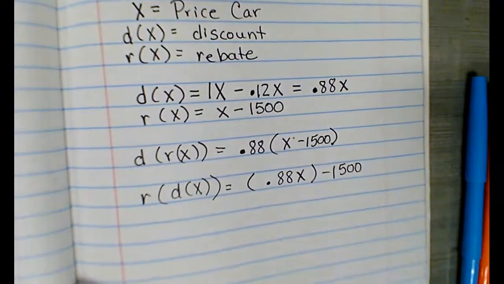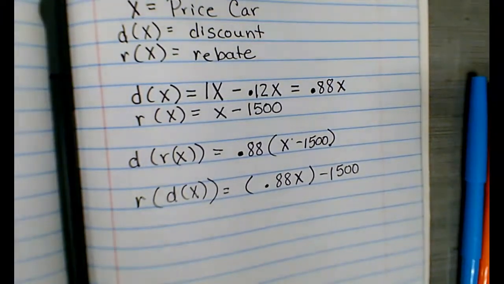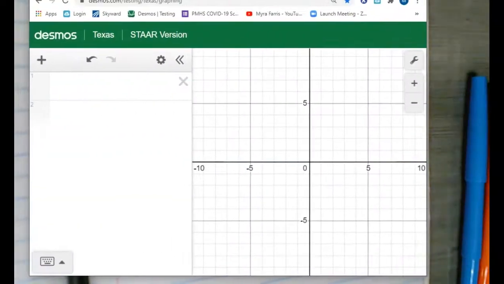Well, it's a little bit hard to tell from there, so let's get out our calculator, and I'm going to be using my Desmos calculator and figure this out.